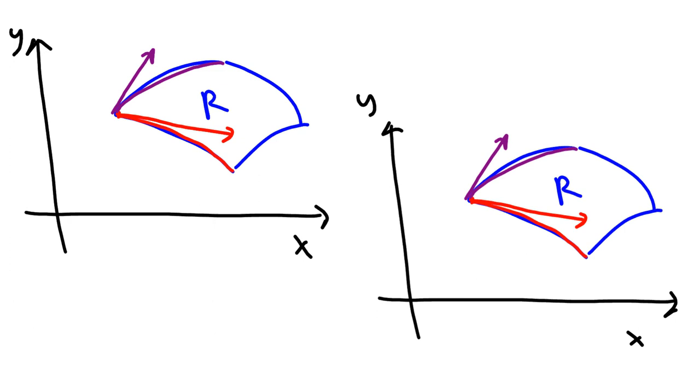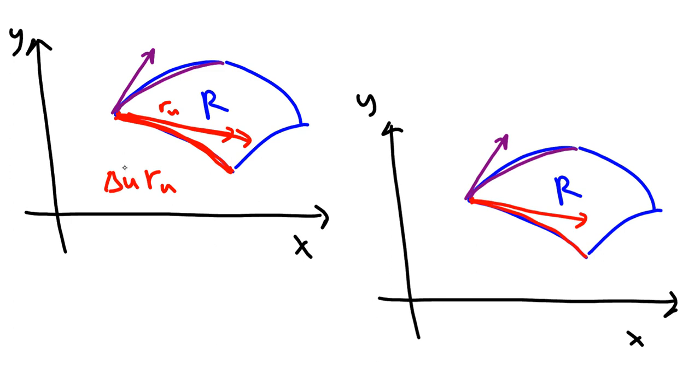All right, so what I'm going to do is look at this picture in the upper right here, and we called this vector r sub u. If I wanted to estimate the length of this side using this vector, I could say it's r sub u times some delta u, some small change in u.